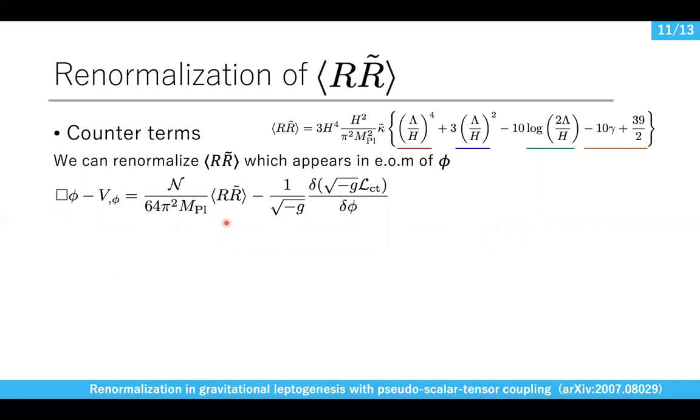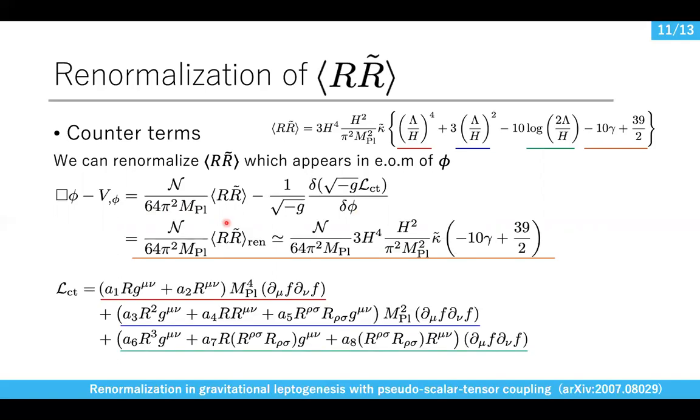And in this work, we have identified the counterterms. So you can absorb these divergences in these coefficients like this. Then you have the renormalized integral like this. Okay, so we obtained the renormalized integral.